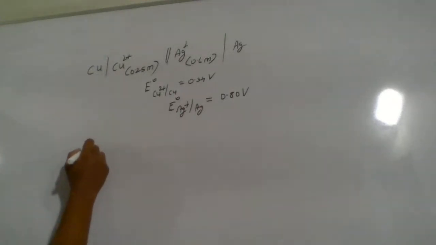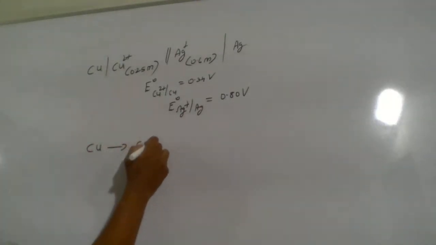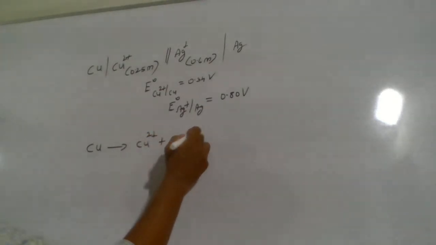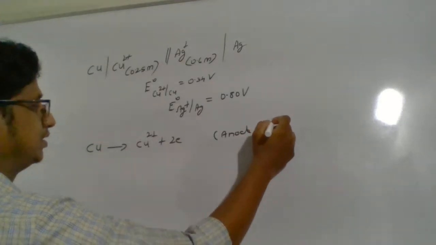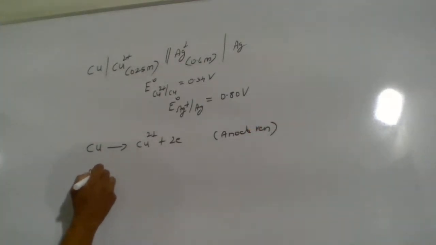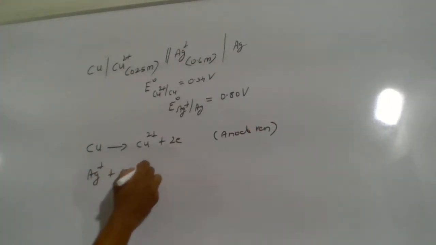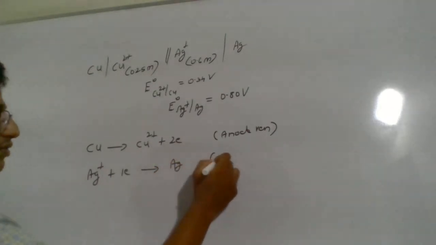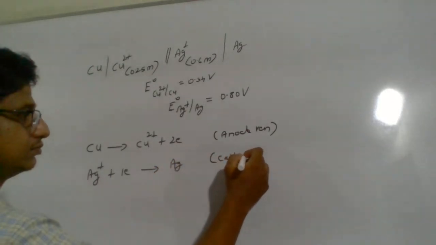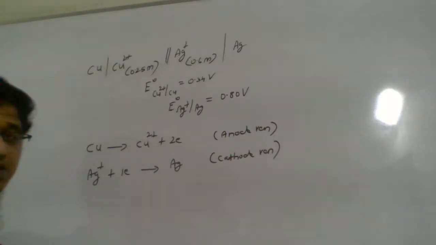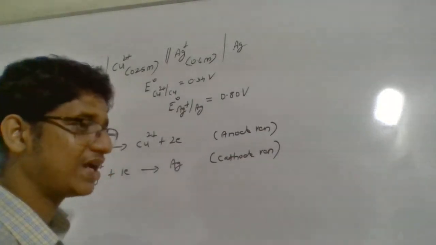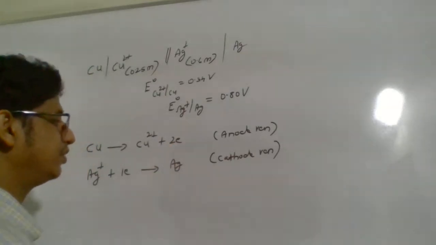We know copper is the anode here, so copper gives Cu2+ and 2 electrons. That will be the anode reaction. Then the cathode will be Ag+ plus 1 electron gives Ag. That is the cathode reaction. Remember, the number of electrons released at the anode should be equal to the number of electrons gained at the cathode.